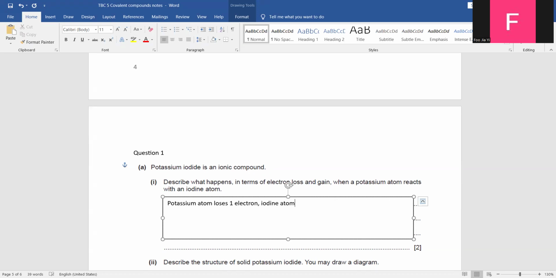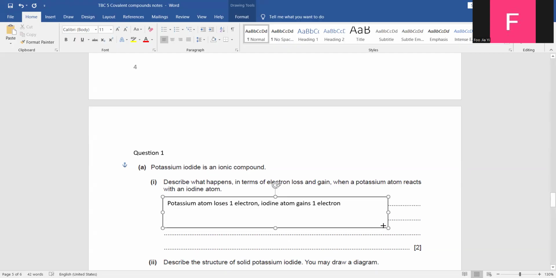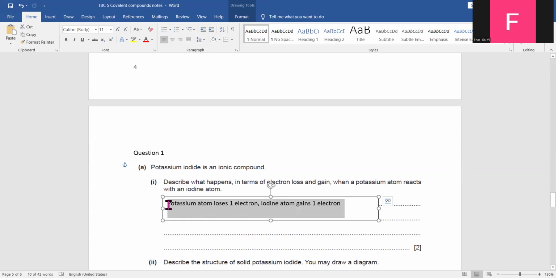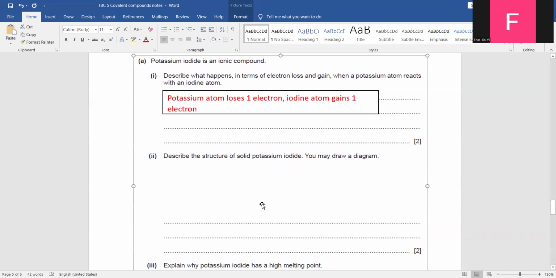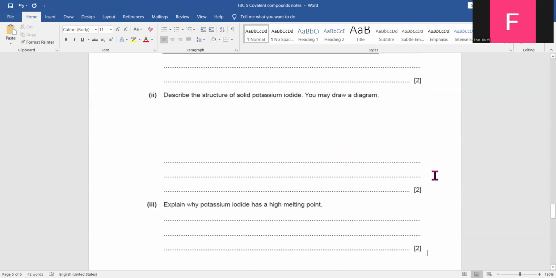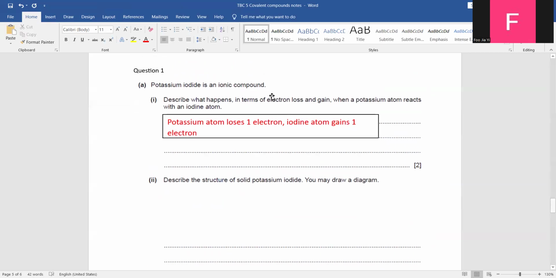Iodine atom gains 1 electron. Do you get it? Okay?